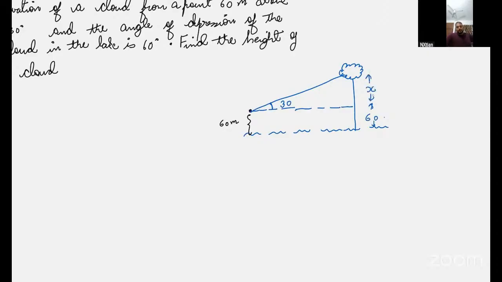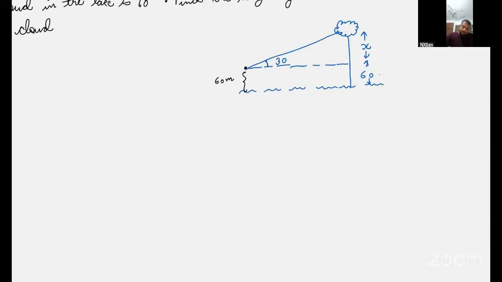Okay, x is the height above the 60 meters. What is the height of the cloud? Did you understand? Yes. We have the reflection of the cloud inside the lake. Inside the lake, there is a reflection of the cloud, which will again be 60 plus x.